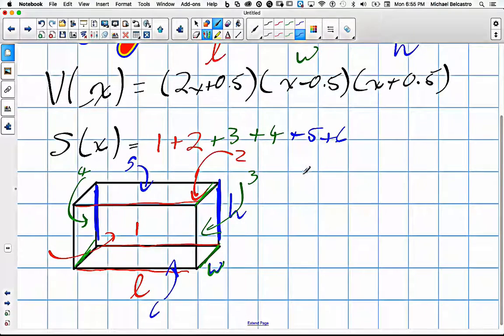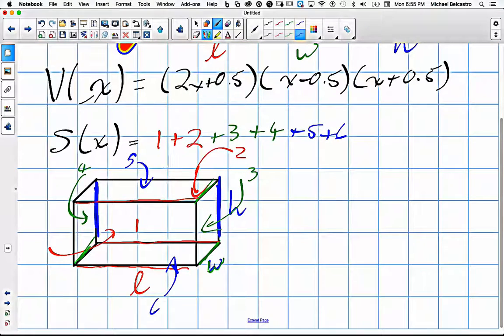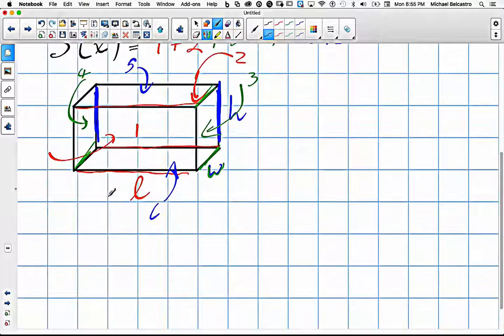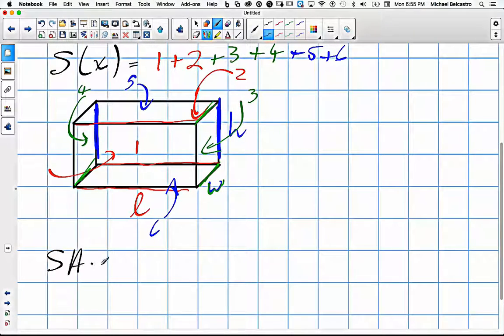We need to add all the sides together. We have to break down what each side is, so I'm going to do that one step at a time and then plug values in. So again, our surface area. Side 1 was our length, so we have L times our height, plus, and side 2 is the exact same, L times height.